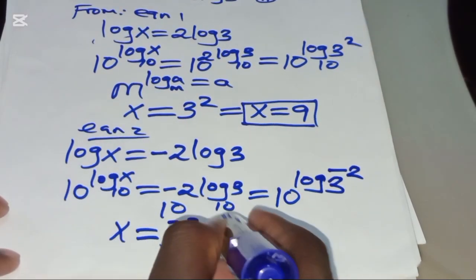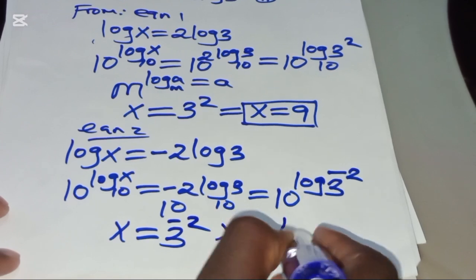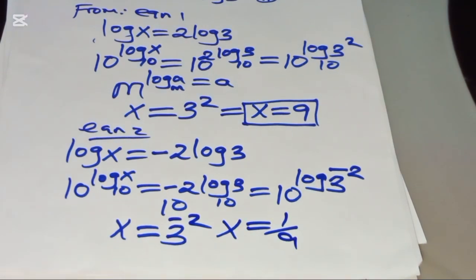That means the value of x is equal to 1 over 9. So here we have two possible values of x. One is 9 and the second one is 1 over 9.